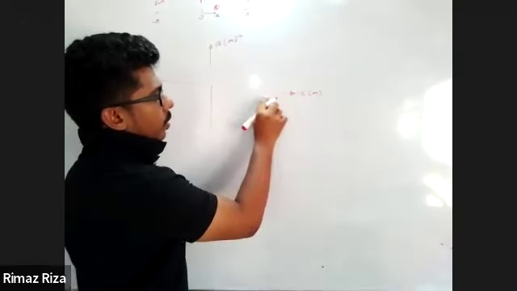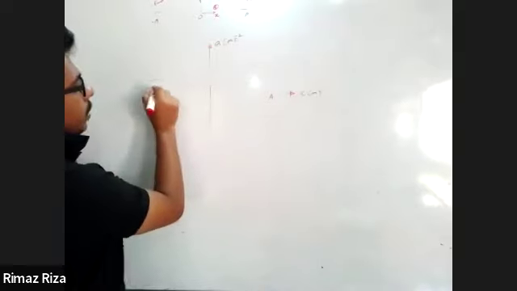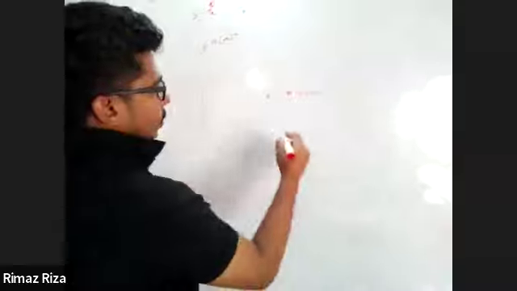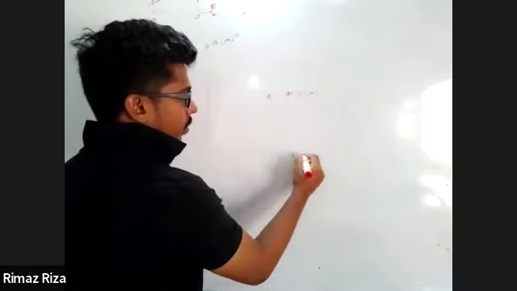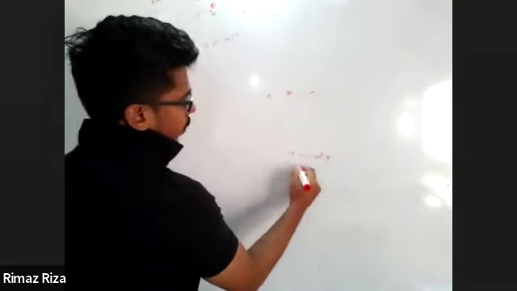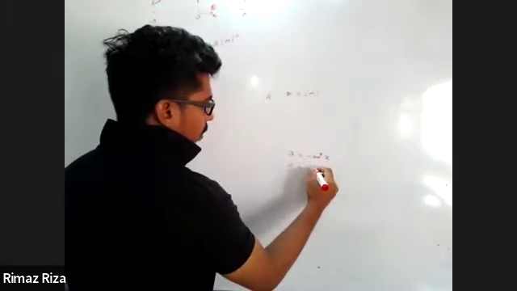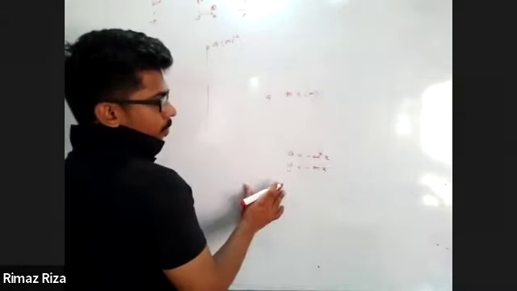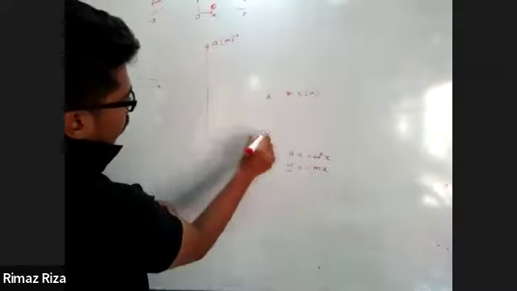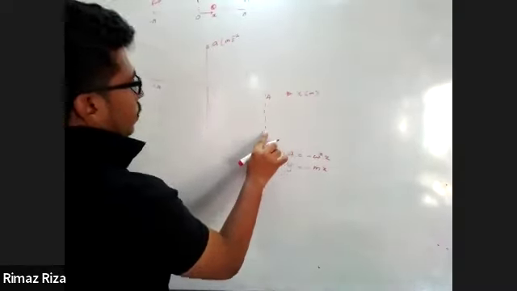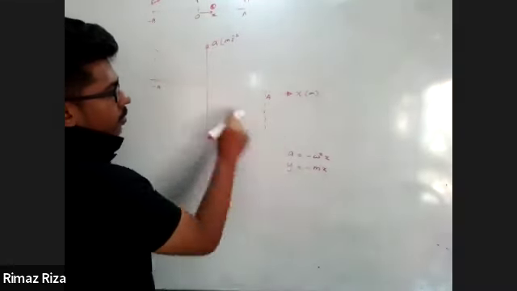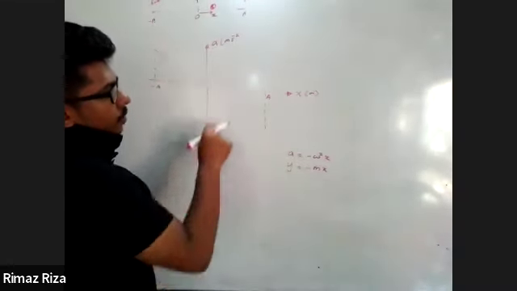So here A and this is minus A. The relationship between a and x that we know straightforwardly is a equals minus omega squared x, right? So y equals minus mx type of graph. Again we have this type of graph, y equals minus mx, going through the origin.